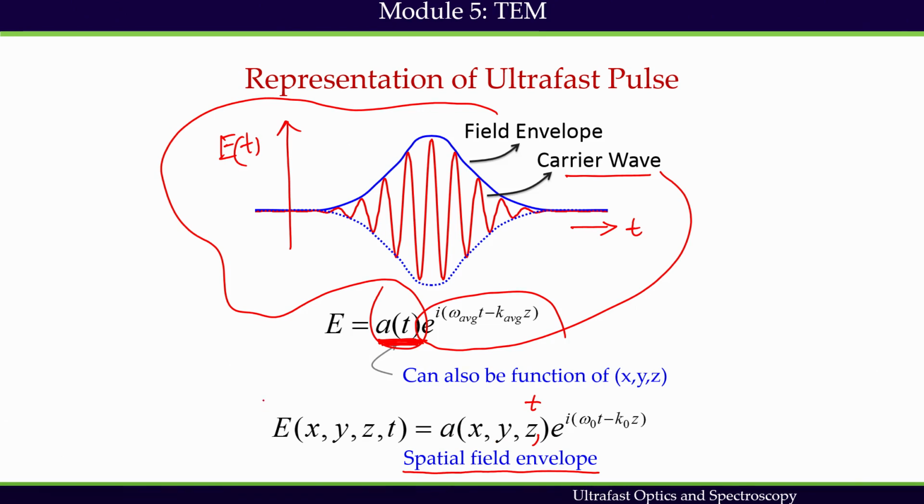So, the final expression for a more appropriate electric field of a pulse is this one, where the envelope function is a function of space as well as time.